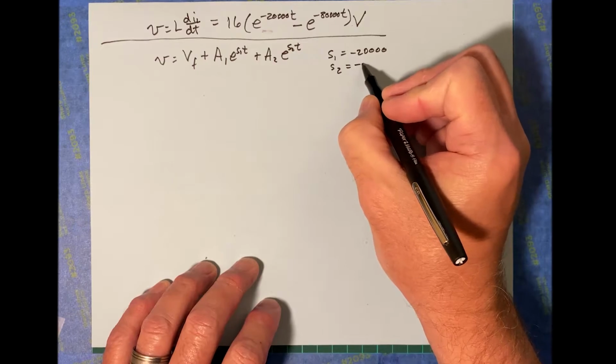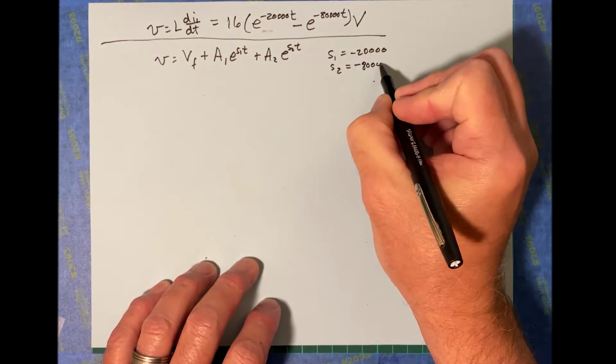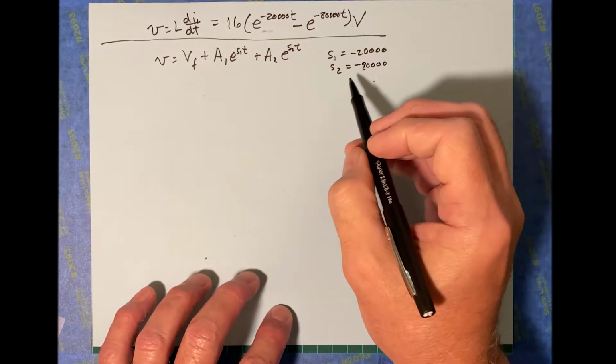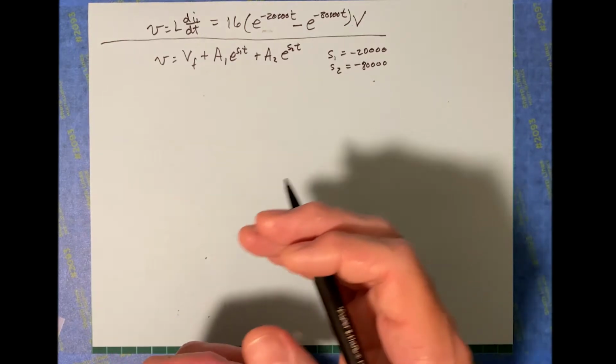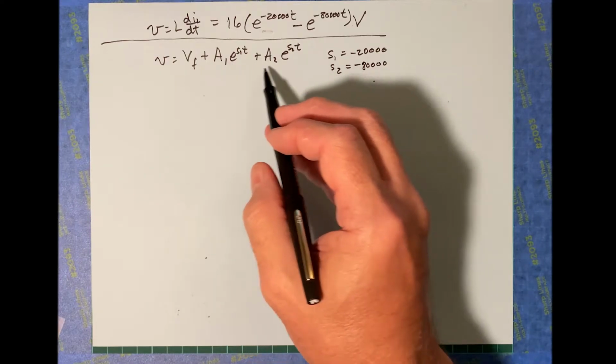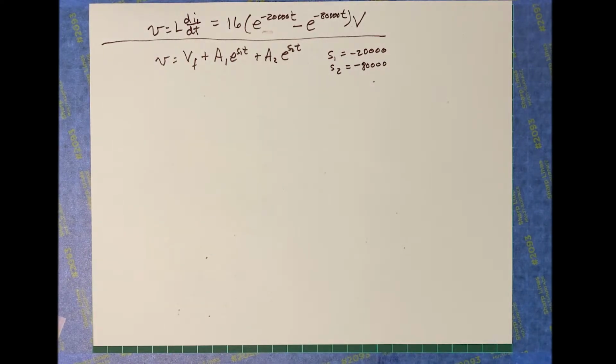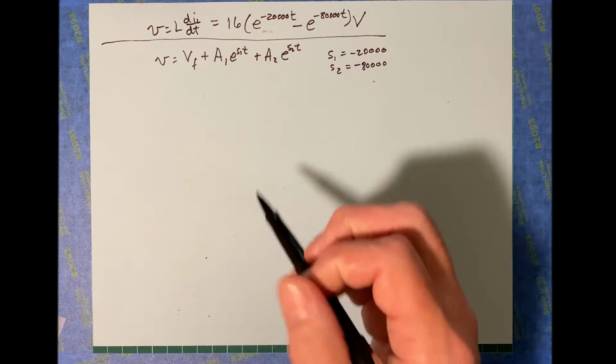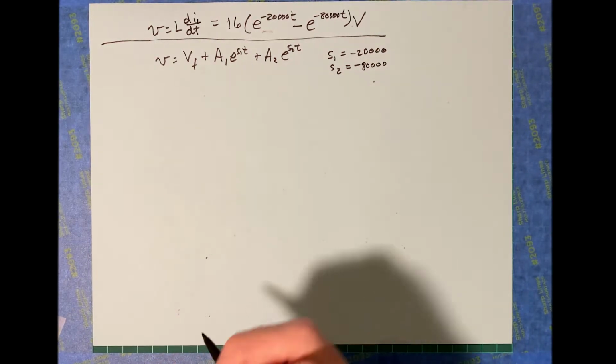S2 is going to be minus 80,000. You would do the comparison between alpha squared and omega naught squared to show that this is going to be the form of the solution. And then, well, you would go about solving for these coefficients A1 and A2.